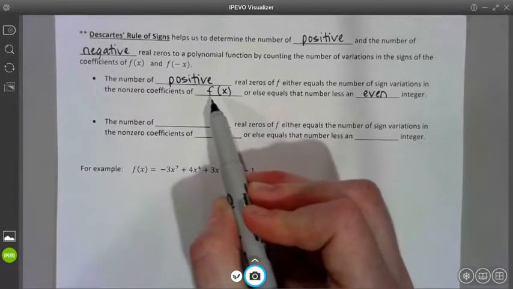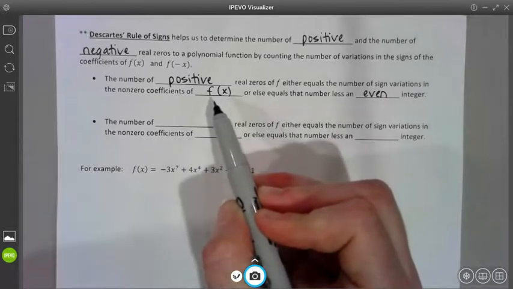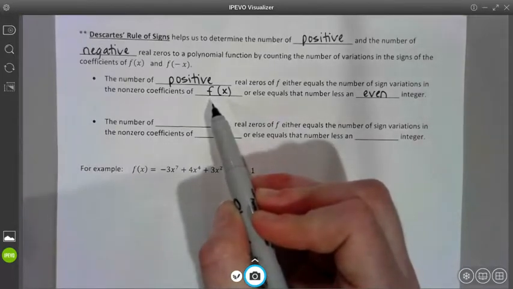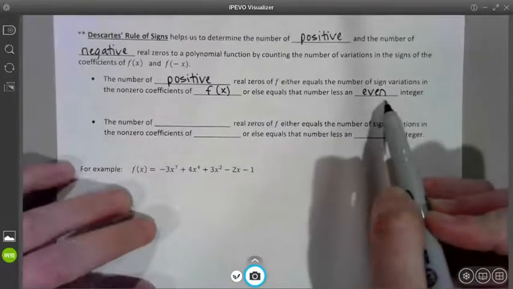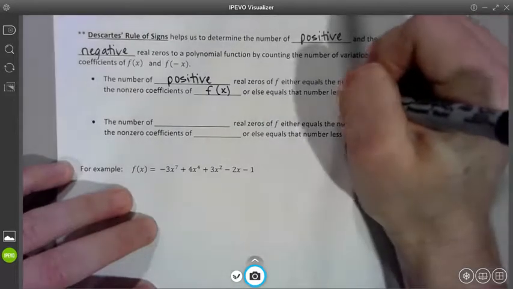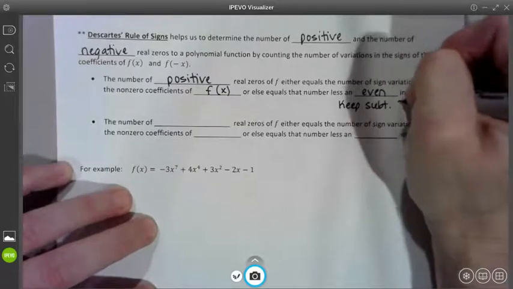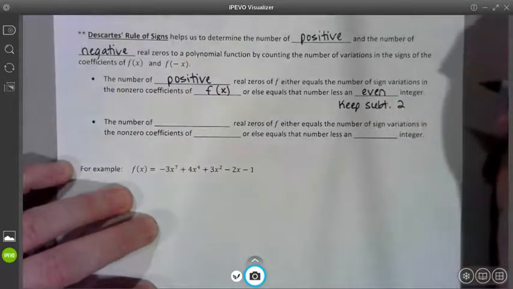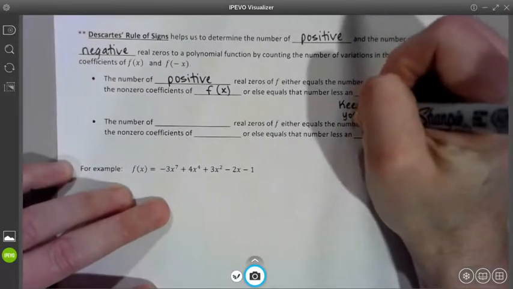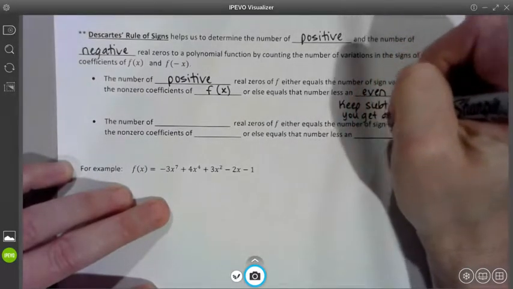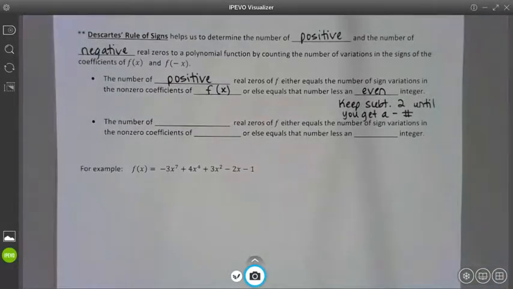You're going to count the number of sign changes in the coefficients from left to right. It's either going to equal that number of sign changes or it equals less an even integer. So all that means is you're just going to keep subtracting 2, which is an even integer, until you get a negative number. All right. And again, it sounds complicated. It's actually very simple to do.